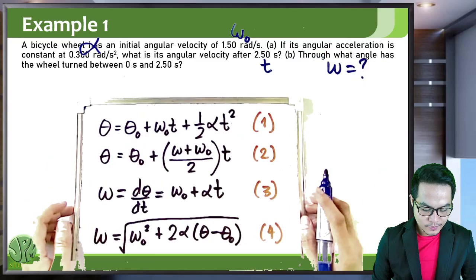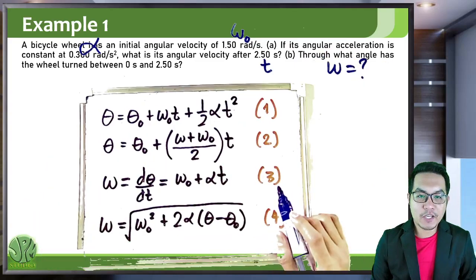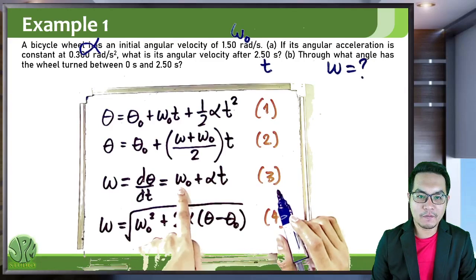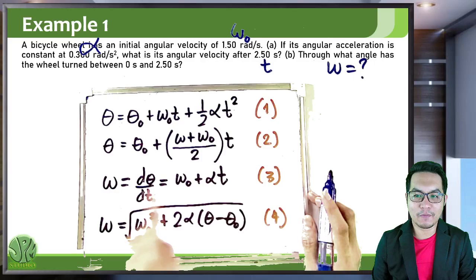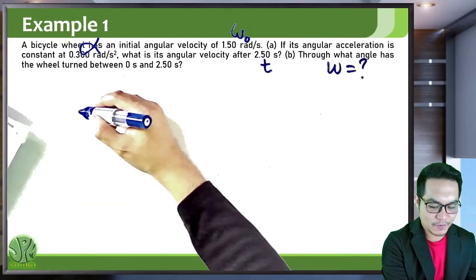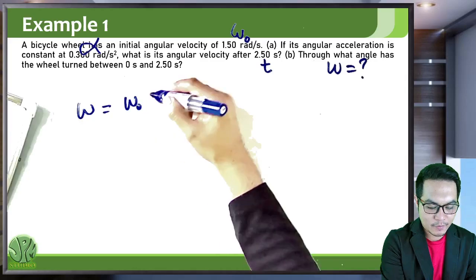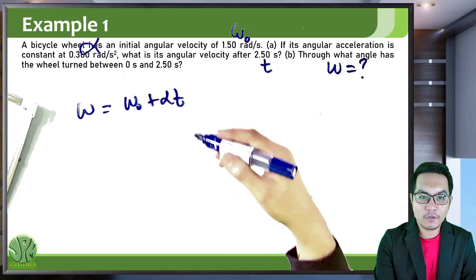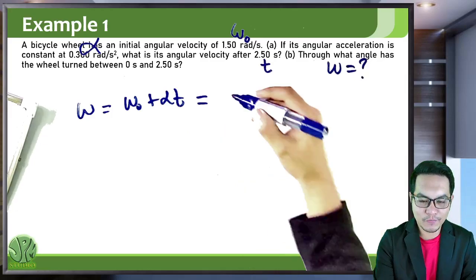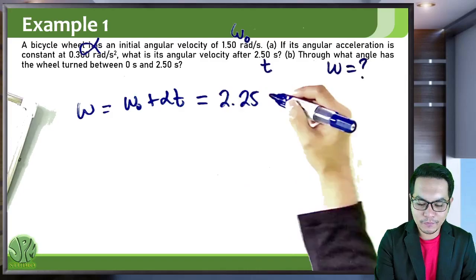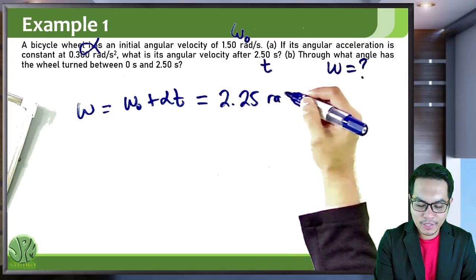So it is obvious that we will use equation 3, because given the initial angular velocity, alpha, and time, we can now solve for omega. This is the equation that we used in the previous example. So you will have omega is equal to omega naught plus alpha t. You substitute all those values. Because we already solved this before, I will no longer do this again. And you will get an answer of 2.25 radians per second.